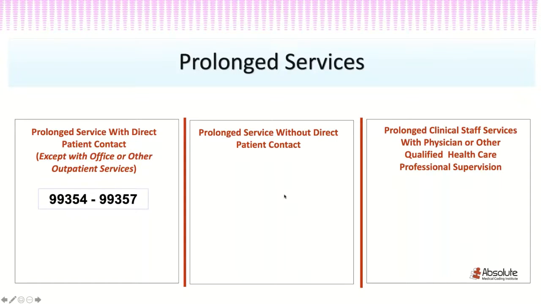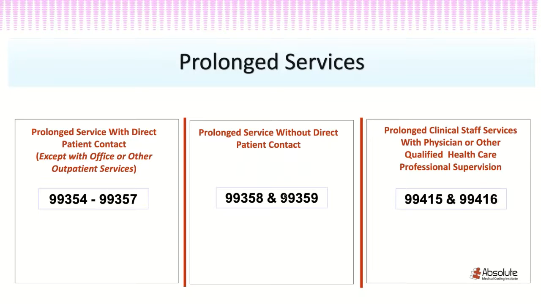With direct patient contact, the code series is 99354 through 99357, without is 99358 and 59, and your clinical staff that are supervised by physicians and other qualified healthcare practitioners, 99415 and 416.